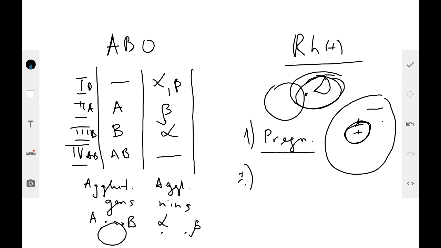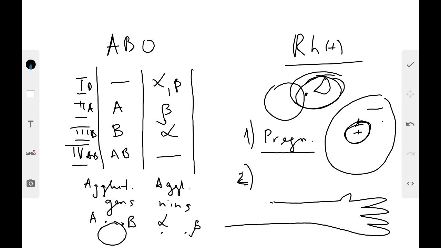Second situation, rhesus conflict during blood transfusion. If the patient is rhesus negative and the blood given is rhesus positive. If it is the first transfusion, the first contact, then nothing will happen because there are no preliminary antibodies against this D antigen.